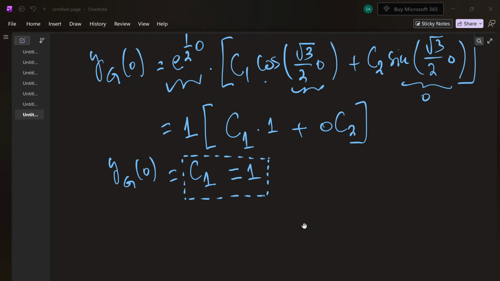So the next thing is the derivative of the general solution at point x equals 0 is equal to 2.